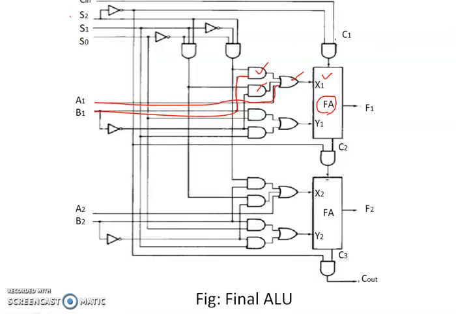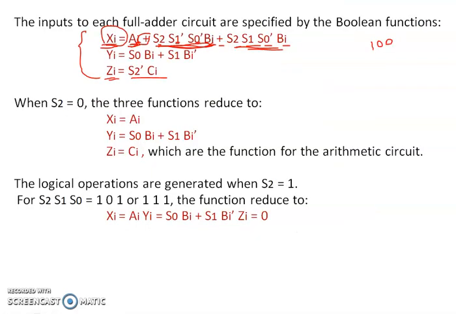So here selection inputs S2, S1, S0 are there. These things will be combined together and given as an input to the AND gate.